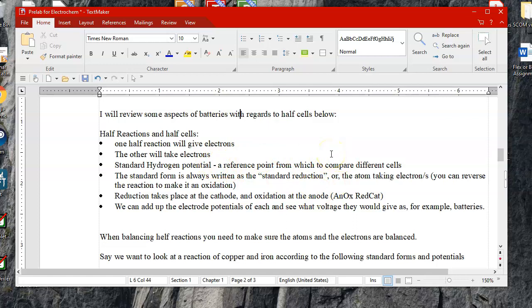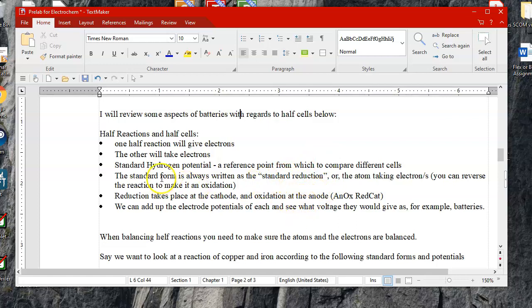Okay, so when we write these out, the standard form is to write them as a reduction reaction, so that you say the standard reduction potential of this particular reaction. And then they'll draw the electrons in there, and then they'll give you a little delta E cell equal to some number of volts. I'll show you some examples here in just a second.